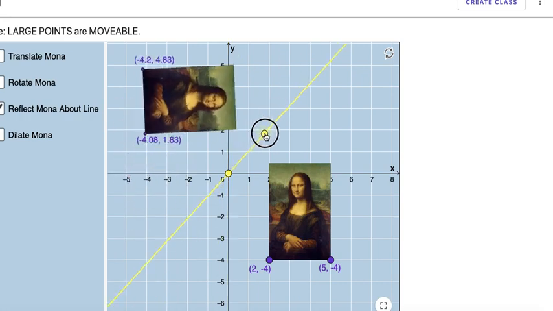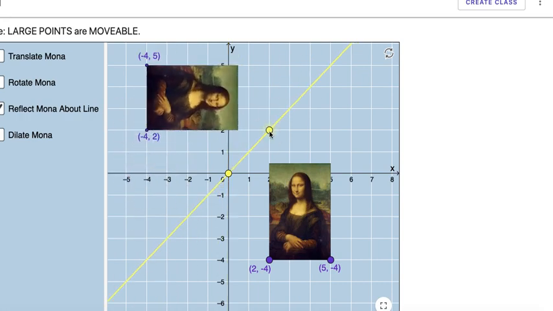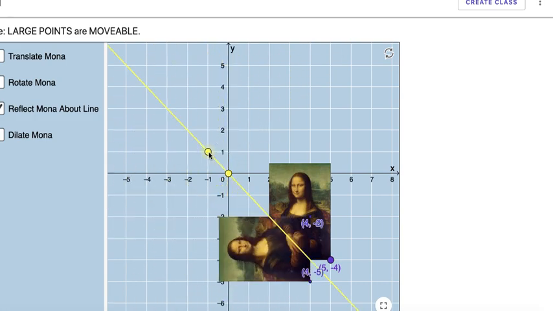And if I reflect across the line y equals x, it just kind of switched her around there. And then y equals negative x. And so reflections do change their orientation in that way.